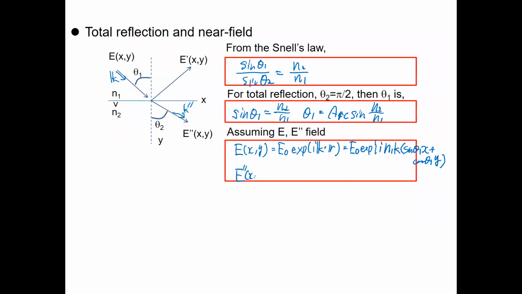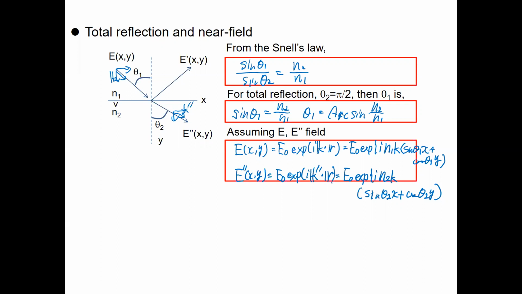Similarly, E prime of x, y equals E0 exponential i k prime, which is i, in this case n2 k, sine theta 2 x plus cosine theta 2 y. Now think about momentum conservation at the interface, which can be decomposed into x component and y component.